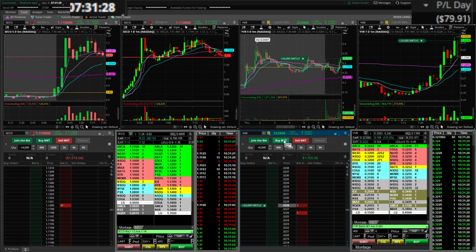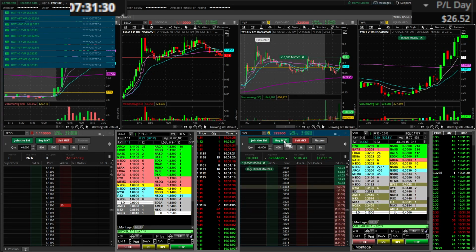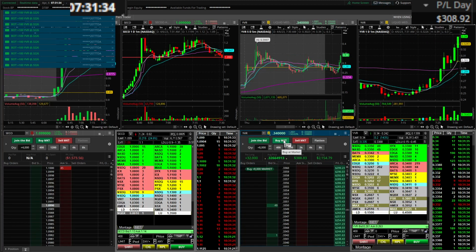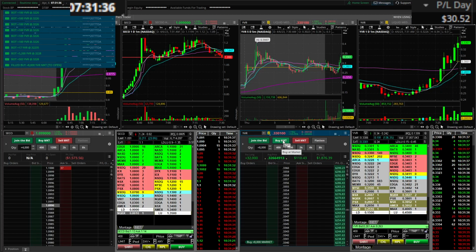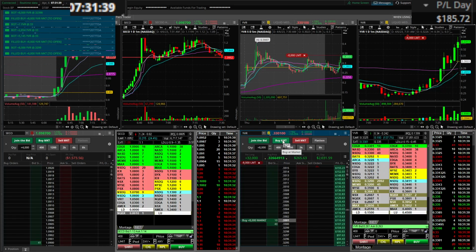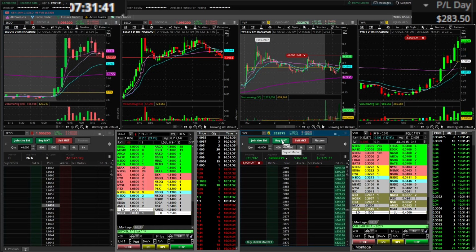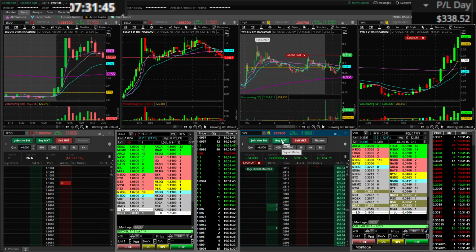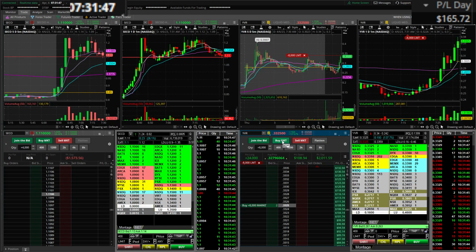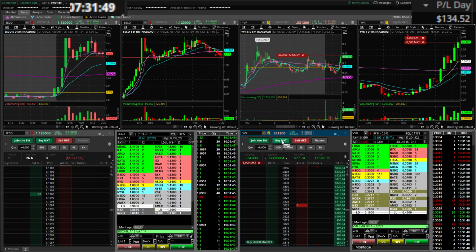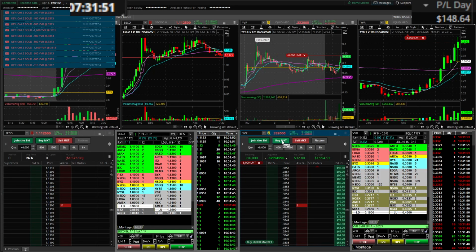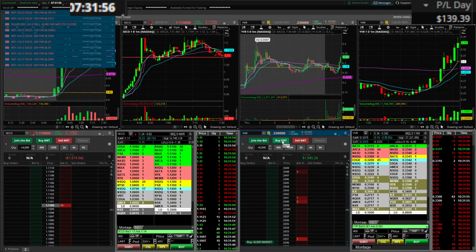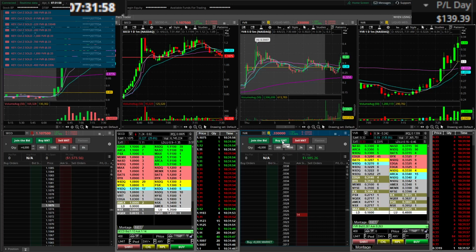Big buyer there, 32. Watching break at 33. 34, watching 34 break. Watching 34 break here. Taking the rest off. Back to green on the day.